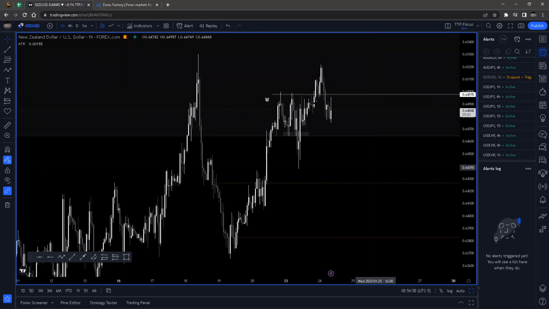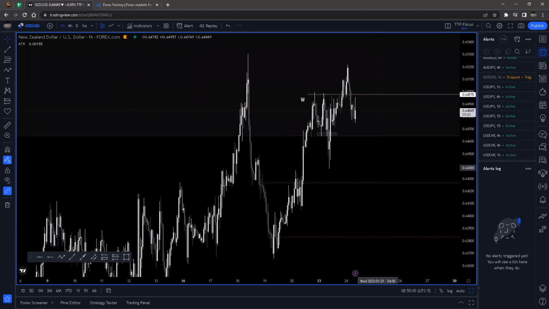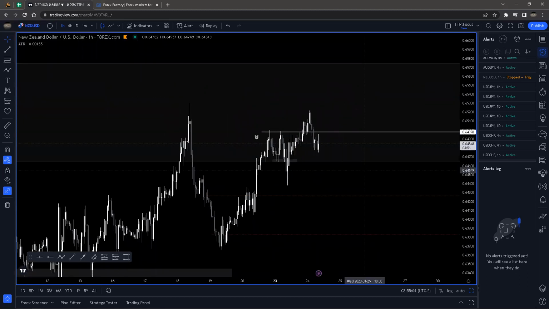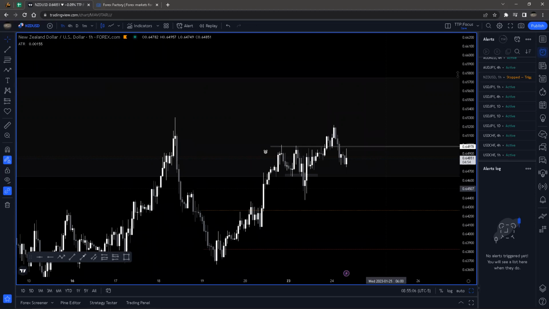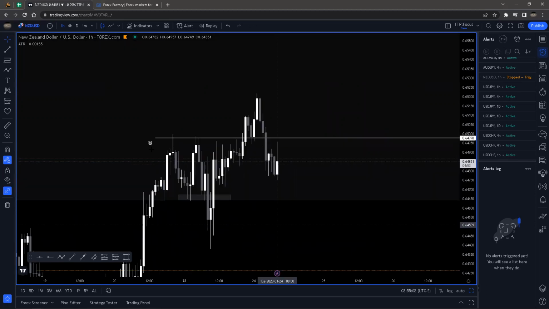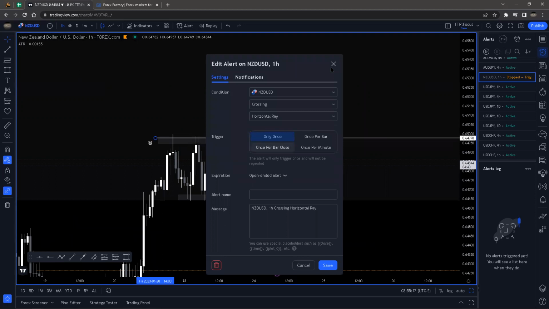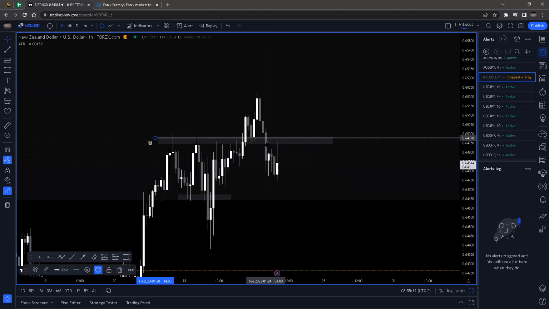NZD USD hit this zone here. Unfortunately, I don't know what I was waiting on. Was probably waiting on something like this breakout. Came back over, because if we look at it, came back down, we probably would have been looking here as a possible entry.